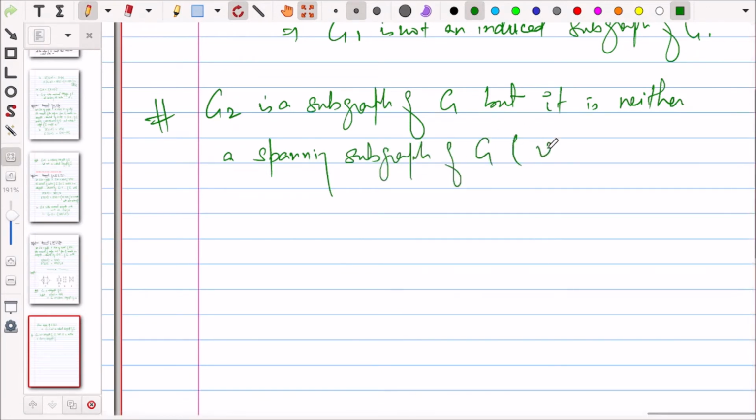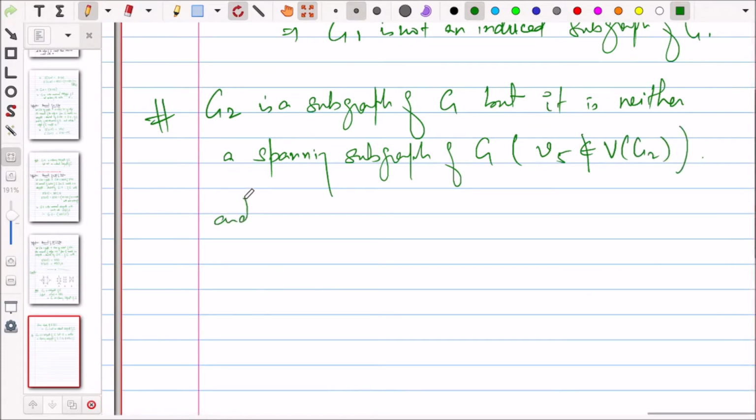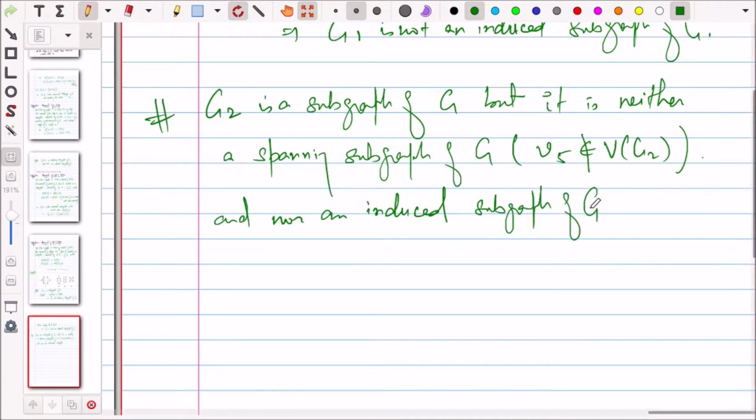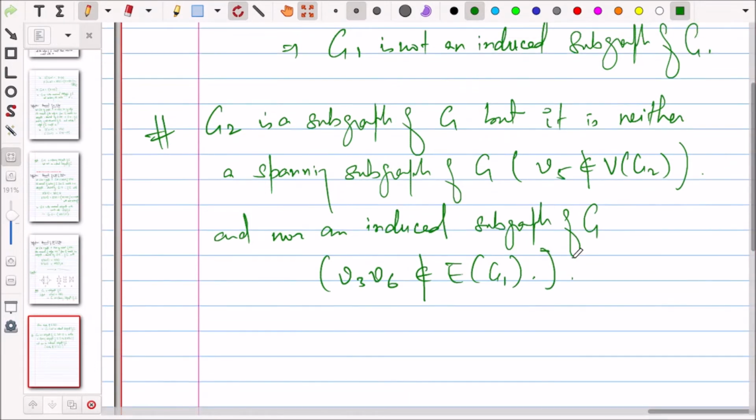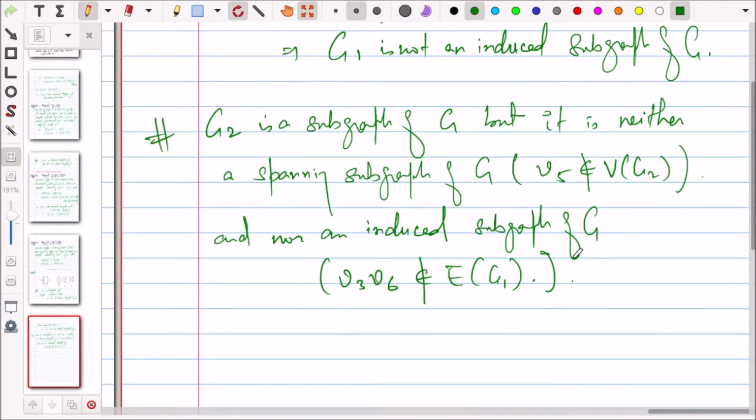Yes, V5 does not belong to VG2. Okay? And nor an induced subgraph of G. Reasoning: V3 V6 does not belong to E of G2. Fine. So our G2 is a subgraph, but it is neither a spanning subgraph nor an induced subgraph.